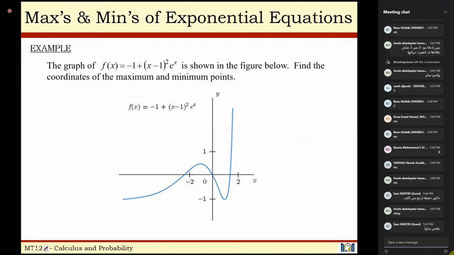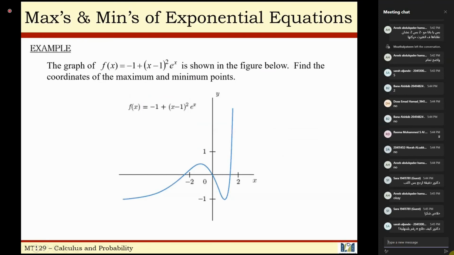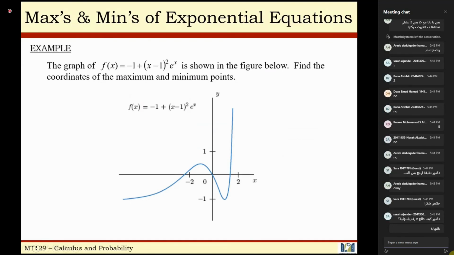Now, we can also apply this. How can we find the maximum and minimum for a function with an exponential function? Okay, like this. We have a function with e to the power x, and we need to find the maximum and minimum points.